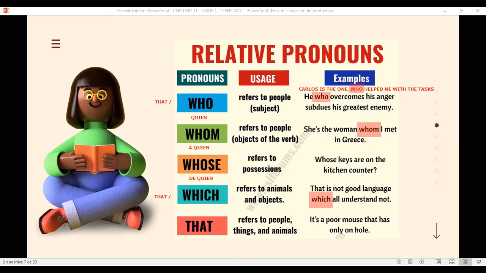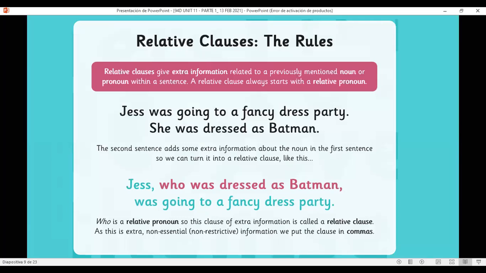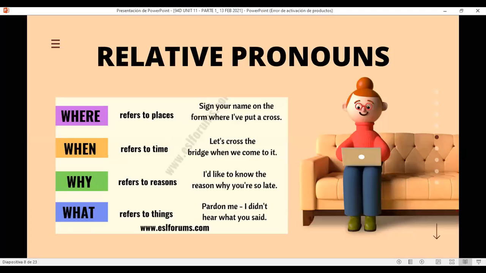¿Ok? Sin embargo, existen un par de relative pronouns más que ya los han visto ustedes o los han utilizado. We have the relative pronouns when, where, why, and what. ¿Sí? Estos también son relative pronouns.